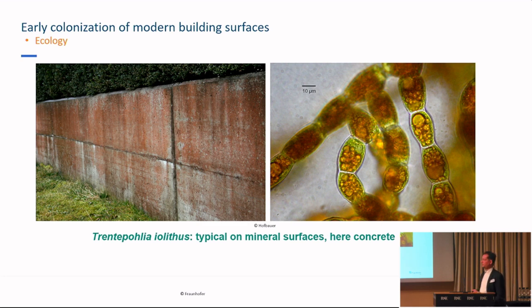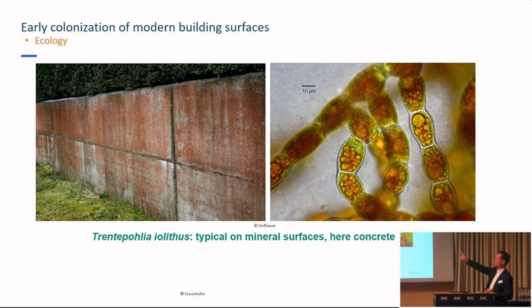Another alga, Trentepohlia iolithus, if you rub on it, it has a scent of violets, but it's kind of odd because some of us can smell violets and some of us cannot.